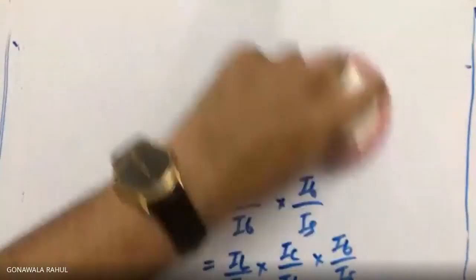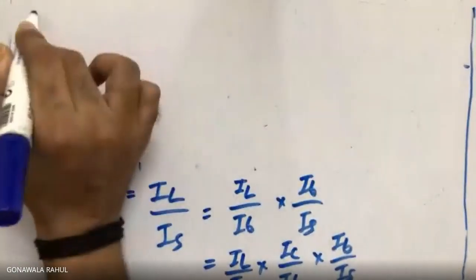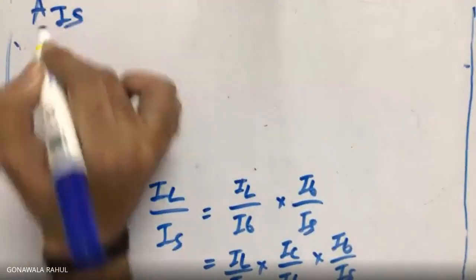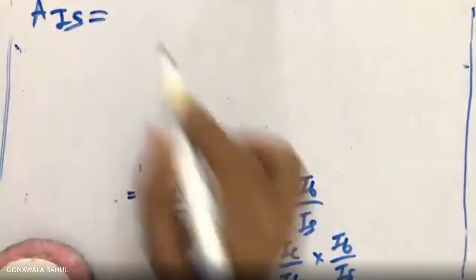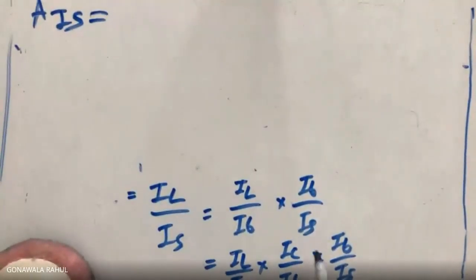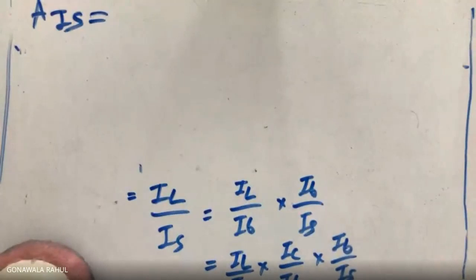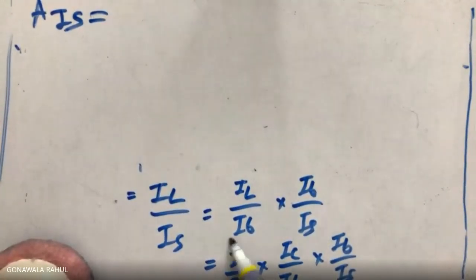Now AIS is equal to IL by IC into IC by IB into IB by IS. In this, first we will find out IL by IC.